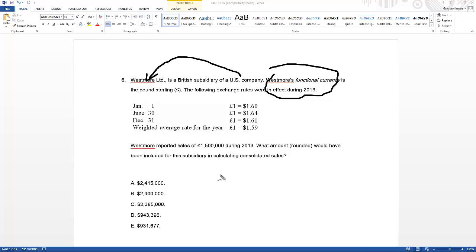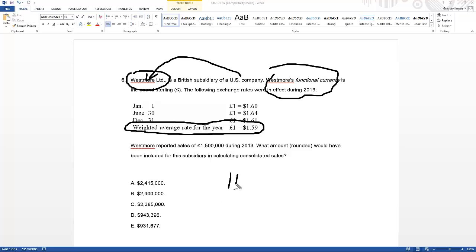Now in terms of sales, with the functional currency being the local currency, we apply the weighted average rate to sales. This is the same as income sales. It's the only way to figure it out.